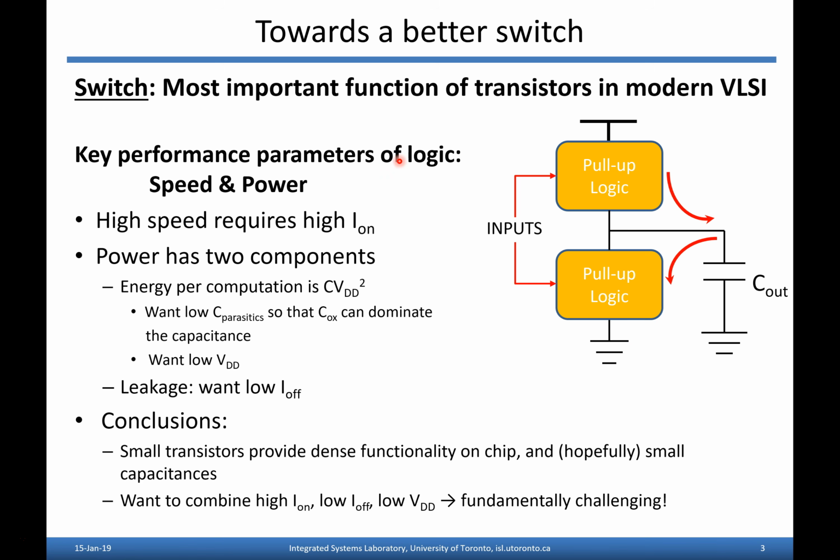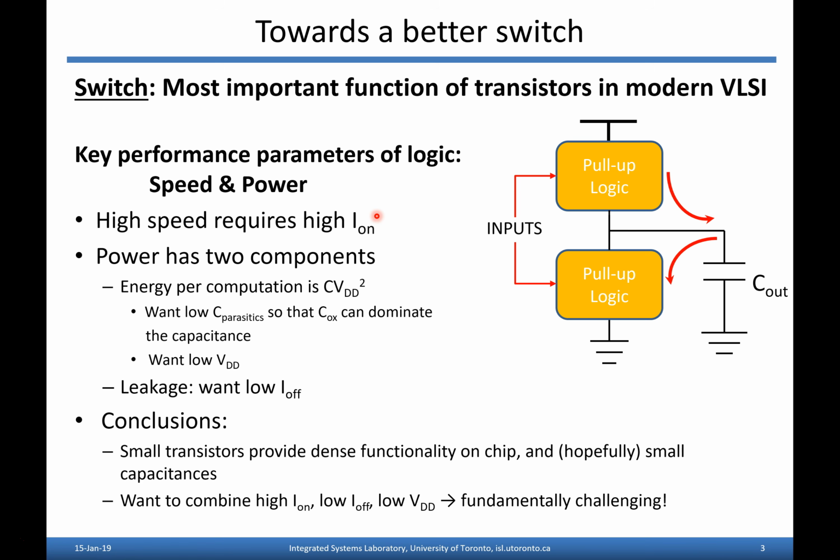So the key performance parameters of the constituent switches here are that, for high-speed transitions, you want them to conduct a lot of current when they turn on. So I'm going to call that I on, right? That's the amount of current that the switch conducts when they're turned on.